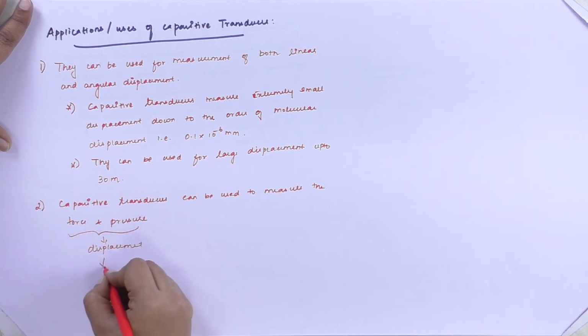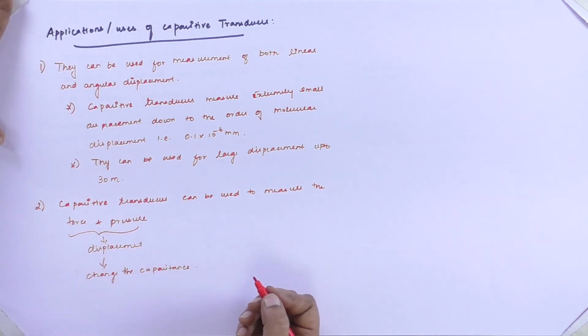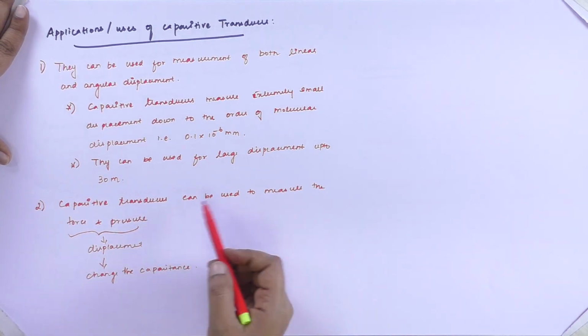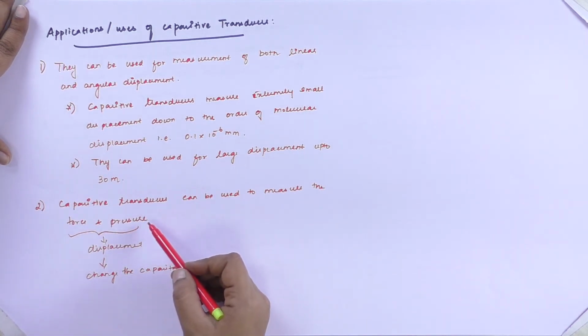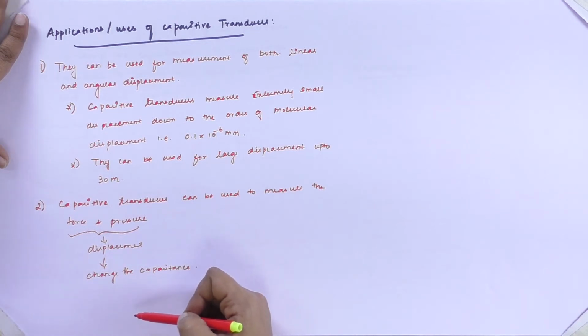Then this displacement will change the value of the capacitance, which in turn is converted into an electrical quantity. So, the capacitive transducers can be used to measure the force and pressure, which is first converted into displacement, and then that causes the change in capacitance, which is measured as electrical output.